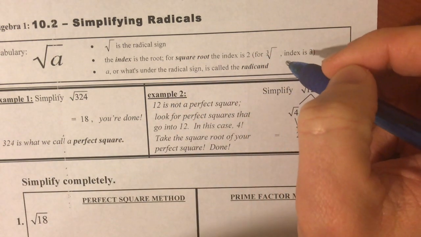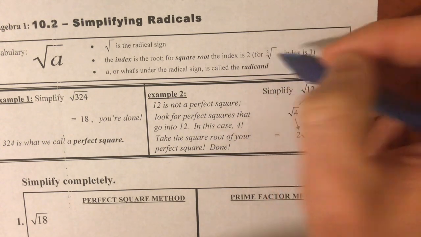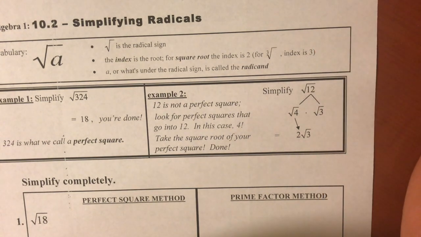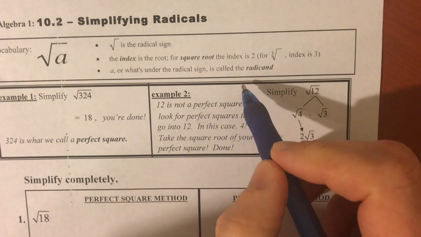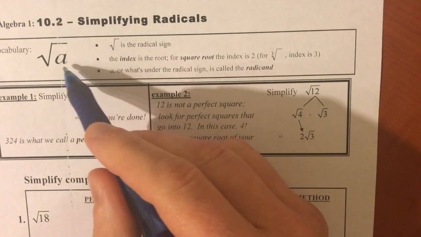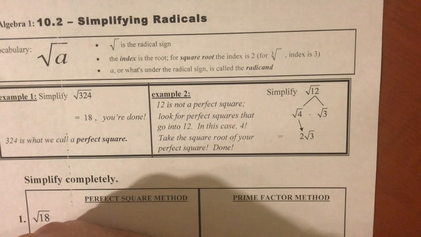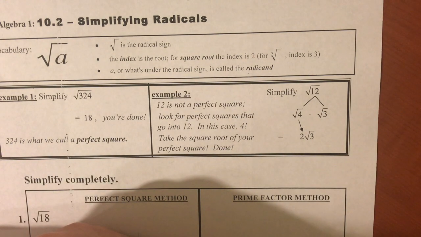But in Algebra 2 and beyond, you'll deal with cube roots, fourth roots, fifth roots, etc., where the index is a higher number than just 2. And in case you want to use proper vocabulary at your next cocktail party, the inside of the radical is what's called a radicand.